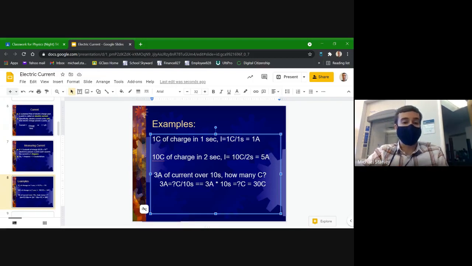So let's say our current is, let's say 7. So we know we have 7 amps of current. And we take a measurement for some unknown time.